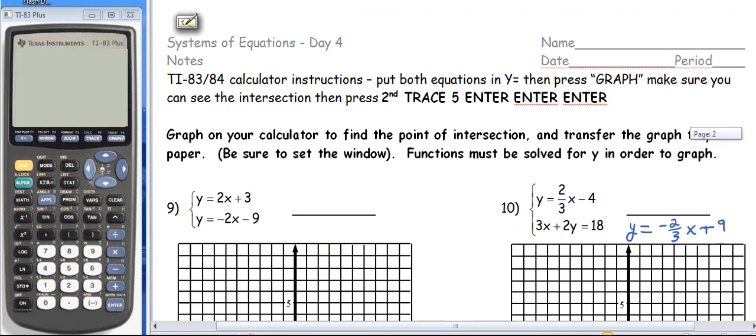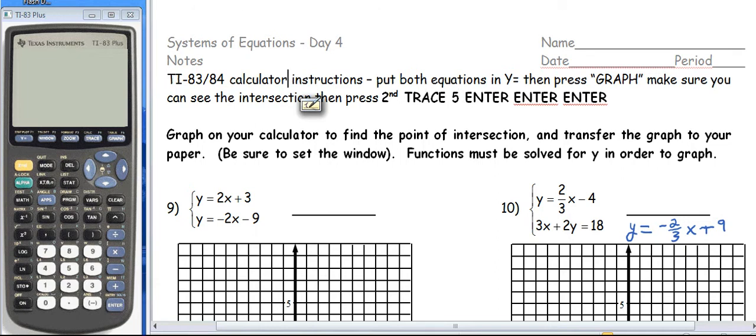All right. Again, here I've given you instructions. These are not on your paper, so you're going to have to put this in. These are the TI-83 calculator instructions. So go ahead and put those in and write that in the top of your paper, TI-83 calculator instructions. That's not in there.